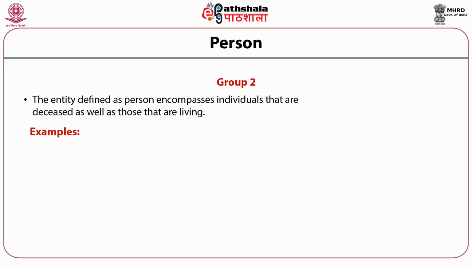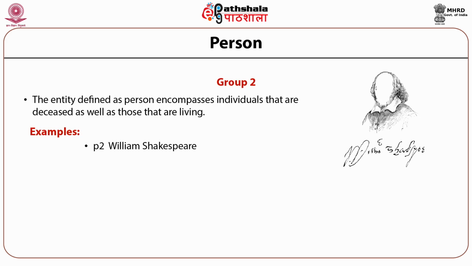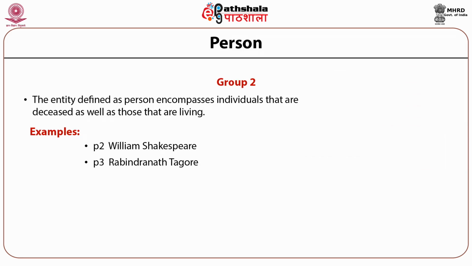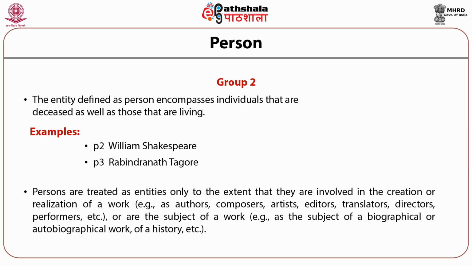For example, the most renowned celebrated writer in English literature is William Shakespeare, and the Nobel Prize winner Rabindranath Tagore is widely acknowledged throughout the world. Basically, persons are treated as entities only to the extent that they are involved in the creation or realization of a work.